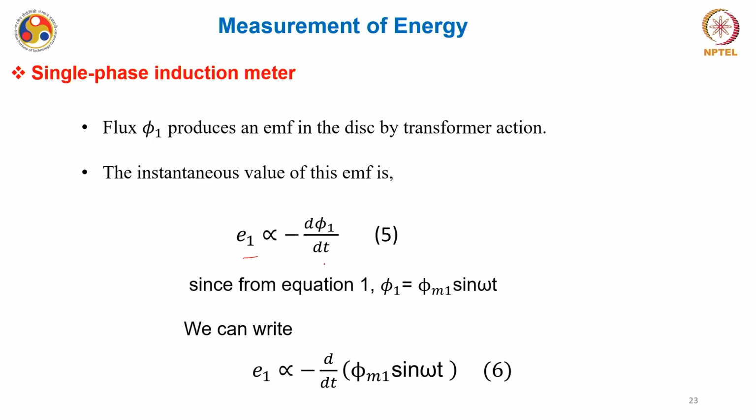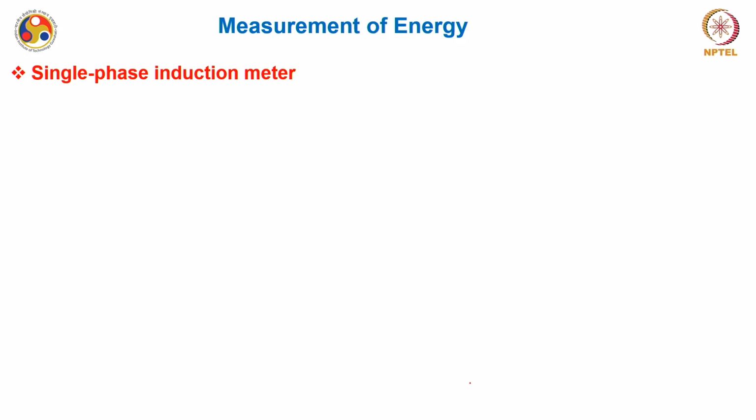Now from equation 1 we have already seen that phi 1 is equal to phi m1 sine omega t. So we can write equation 5 in terms of phi 1 as phi m1 sine omega t, and E1 is directly proportional to minus d by dt of phi m1 sine omega t. I am calling this equation 6.